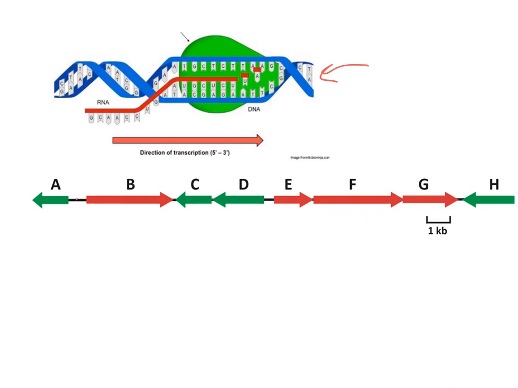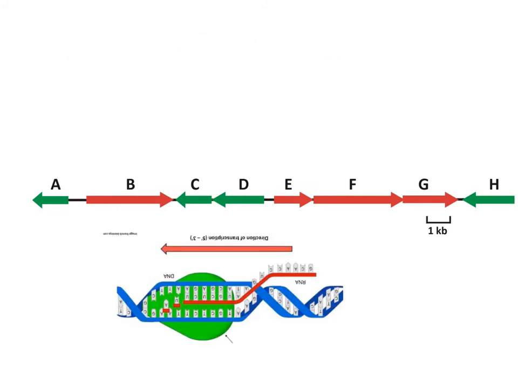So for gene B, a promoter down here, and at least another promoter down here. It also means, of course, that the transcriptional terminator sequences have to be after the gene. So for gene B, one in this region here, and for E, F, and G, maybe a terminator down here perhaps, but we'll talk about that in a bit more detail in a minute.